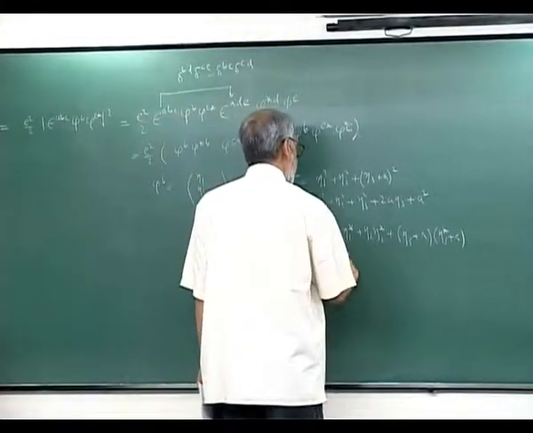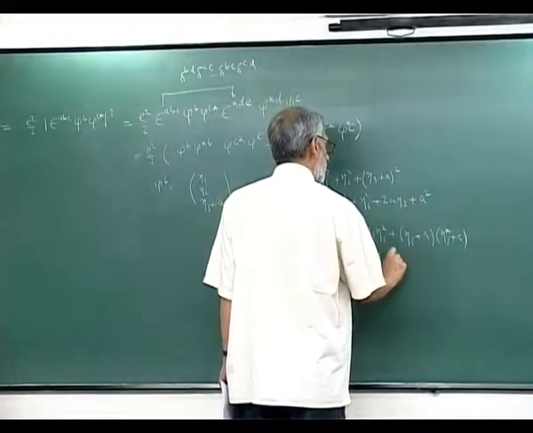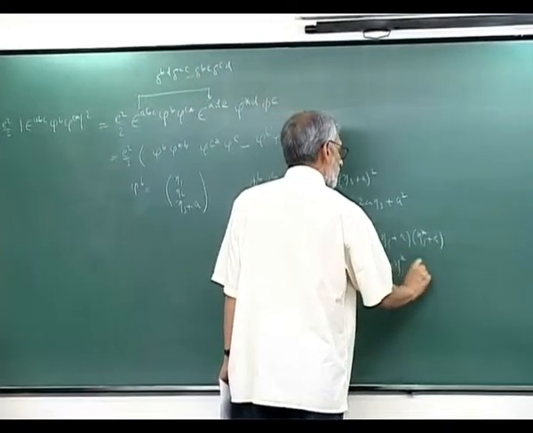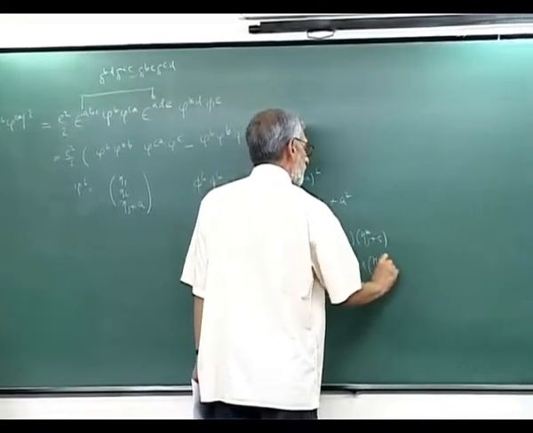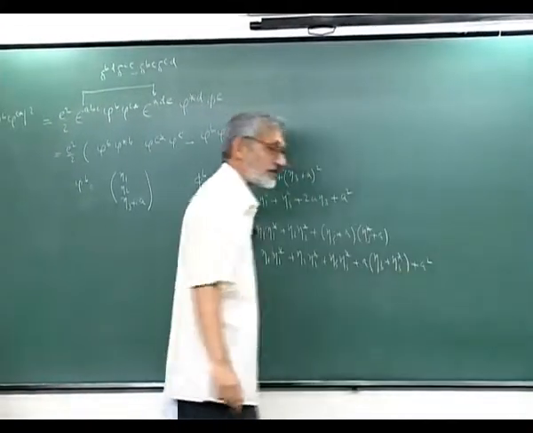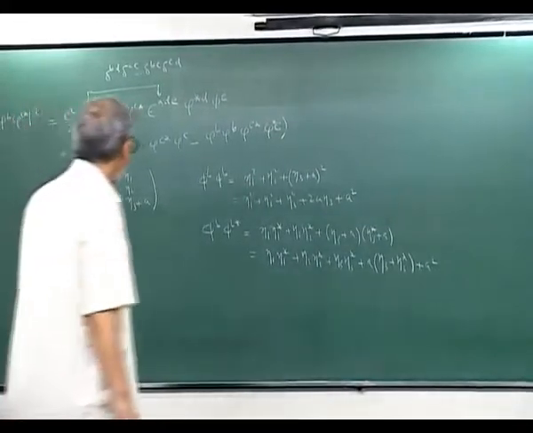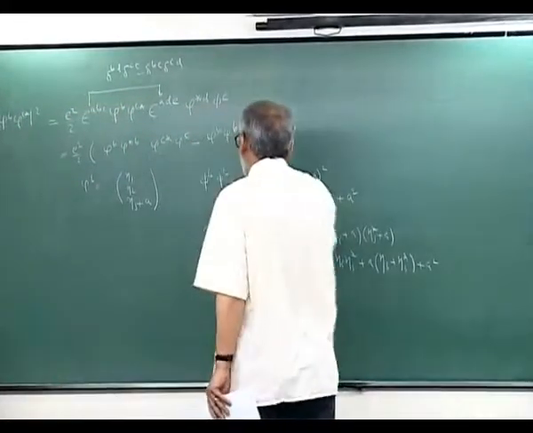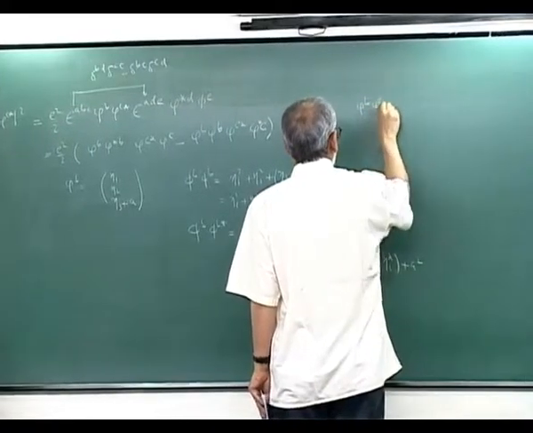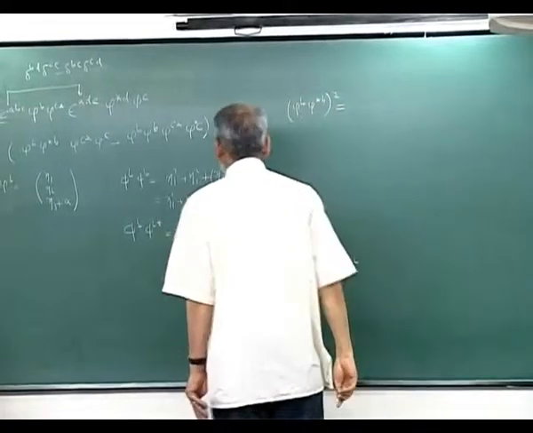That is eta 1 star plus eta 2 star plus eta 3 star plus A times eta 3 plus eta 3 star plus A square. Now what is this object? Is phi B star square.